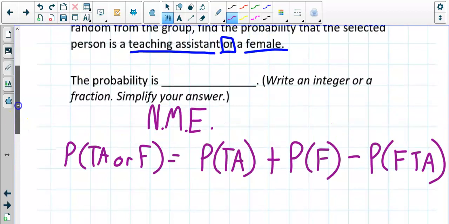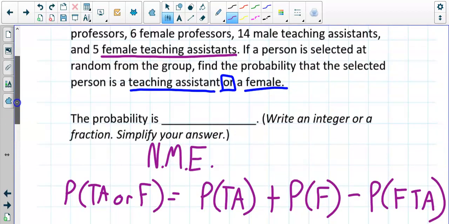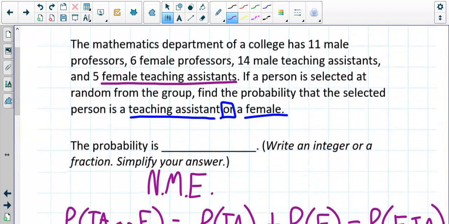Okay? So the big thing in this one is, before you can do anything, you got to add everything up. We got to know how many people we have total. So 6 and 14 is 20, plus 11 is 31, plus 5 is 36. Okay? So everything is out of 36.